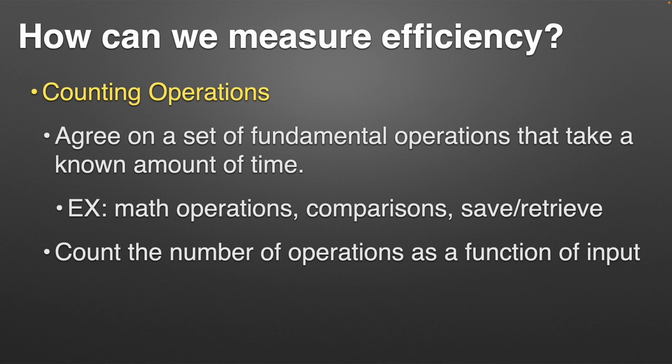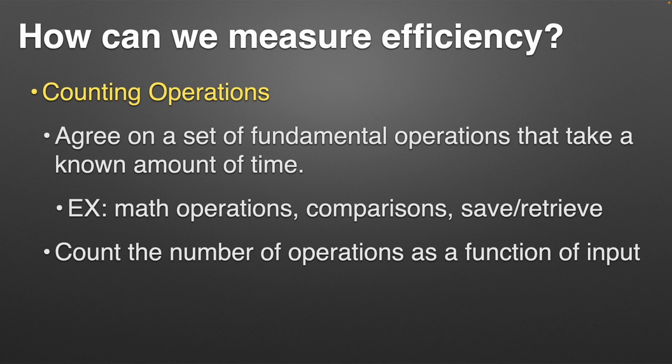So we talked about, after that, doing counting operations. The idea there was we have a piece of code, and we all agree that there are some primitive operations, some fundamental things like adding, subtracting, saving a value, retrieving a value. And we give them each a value. We'll just say they each get 1 as a value.